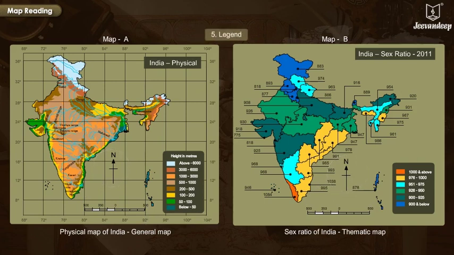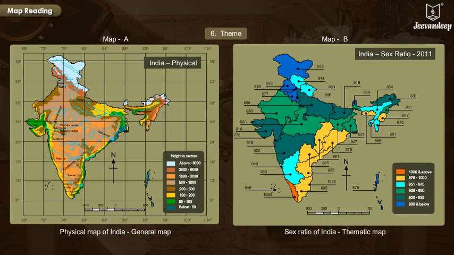5. Legend. Map A. Different shades of color are used to show height in meters from sea level. Map B. Different shades of color are used to show different ranges in sex ratio for the year 2011 in different states. 6.